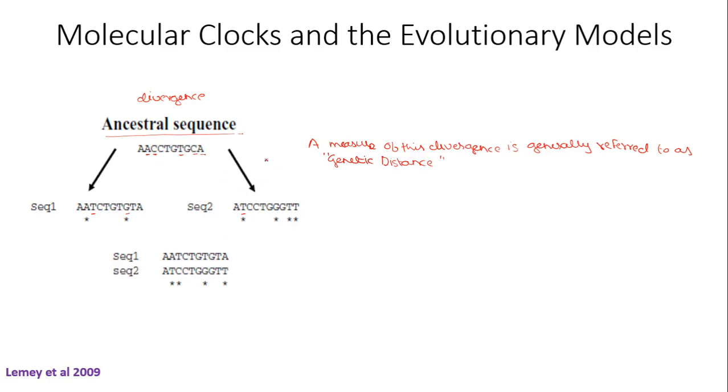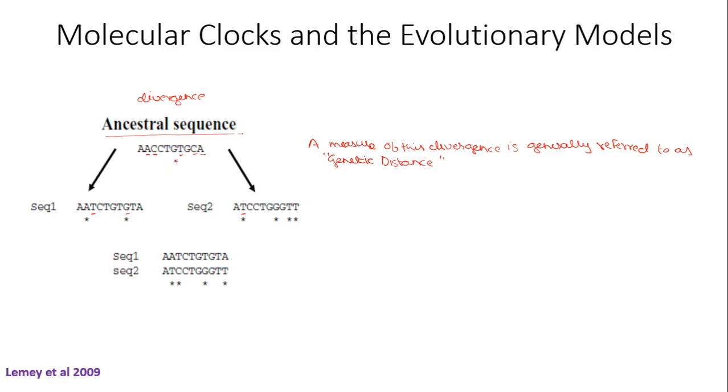Now, let us bring in the concept of molecular clock. If we say that molecular clock is assumed to exist, then the genetic distance will be linearly proportional to the time that has elapsed when these two sequences diverge from the common ancestral sequence. In other words, passage of more time leads to more divergence, right?